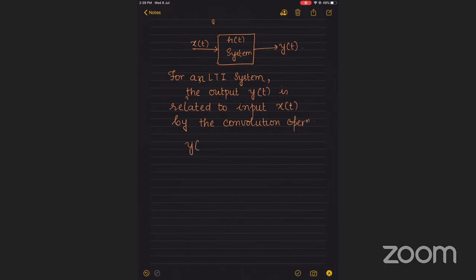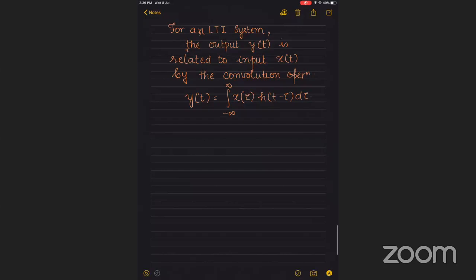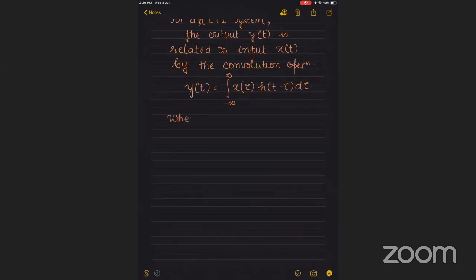We have y of t is equal to integral minus infinity to infinity x of tau h of t minus tau d tau, where h of t, there is a name for that. I call it the impulse response of the system.